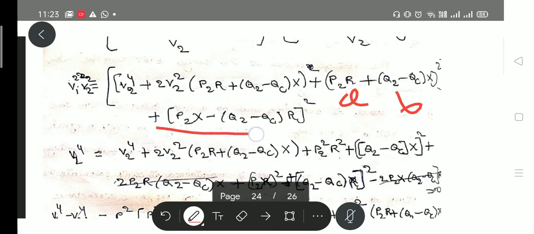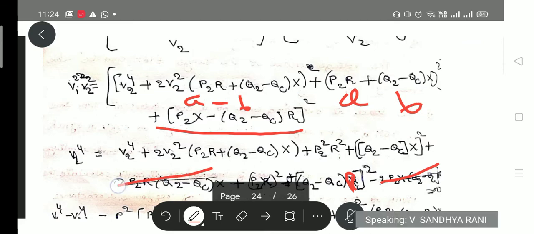Same way we can do this one also, A minus B whole square. So, P2 square X square plus Q2 minus QC into R whole square minus 2P2X Q2 minus QC into R. So, these both are cancelled here.